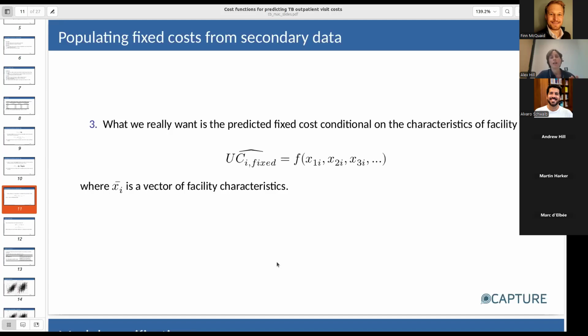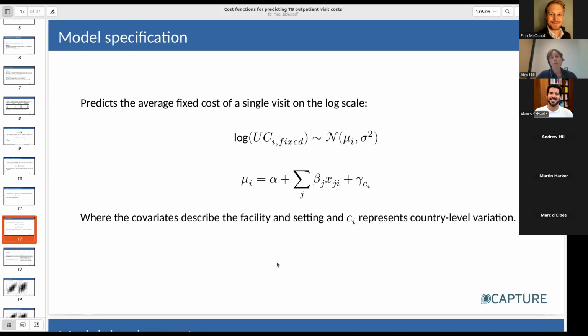So I've compared these three approaches, and for this one, I'll say a little bit more about how I specified the regression model that I've used for F here. I am using a log normal model, and the mean predictor is a linear combination of fixed effects at the facility level and country random effects.